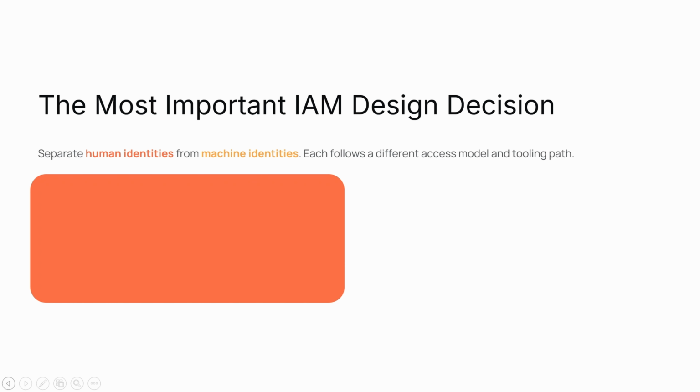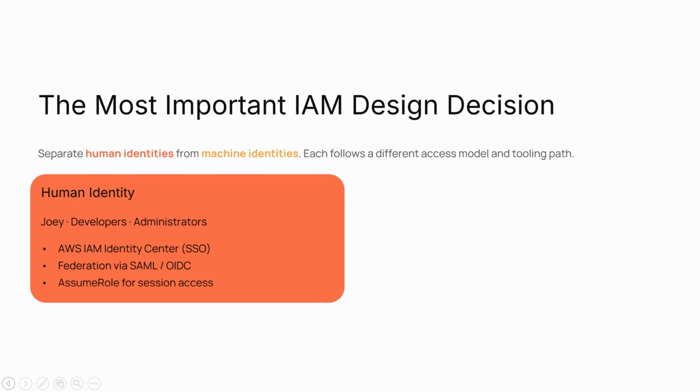One of the biggest architectural decisions in AWS is separating human identities from machine identities. Humans typically sign in using a corporate identity provider through AWS IAM Identity Center and federation technologies such as SAML or OpenID Connect. After authentication, they assume temporary IAM roles to access AWS resources. Machines follow a different path.